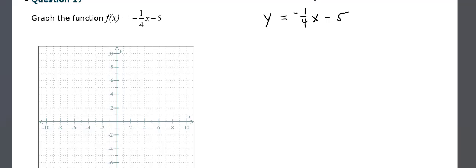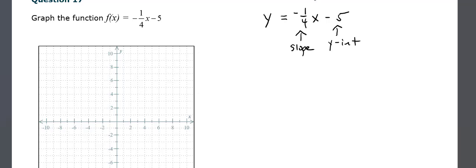It goes with either the numerator or the denominator. I went ahead and moved the negative sign to go with the numerator as far as my change. So my slope is negative 1/4. My starting point, my y-intercept, is negative 5.